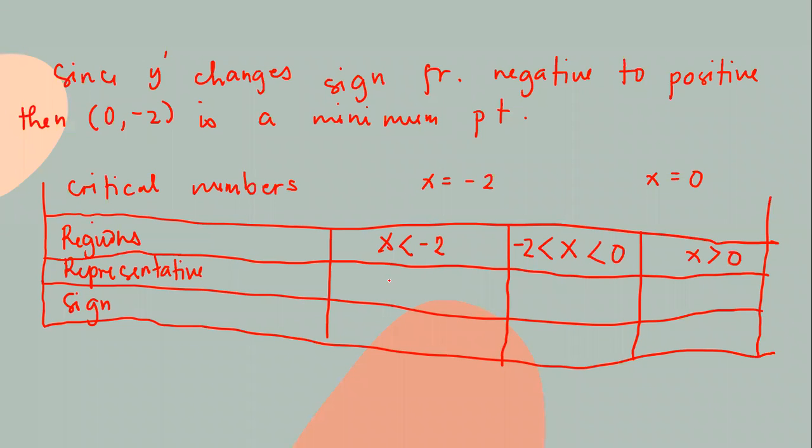Here x is equal to negative 3, since the neighboring points are x negative 1, and here x is equal to 0. Then you have plus, negative, and plus.